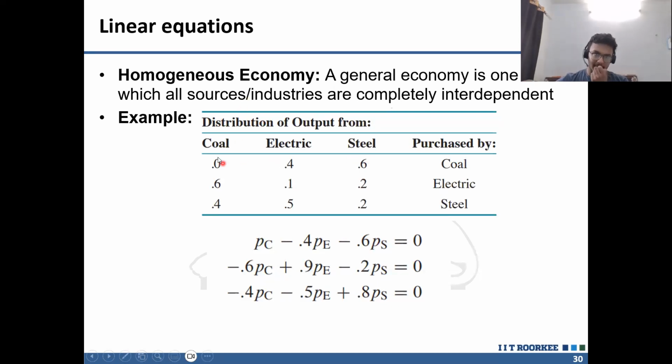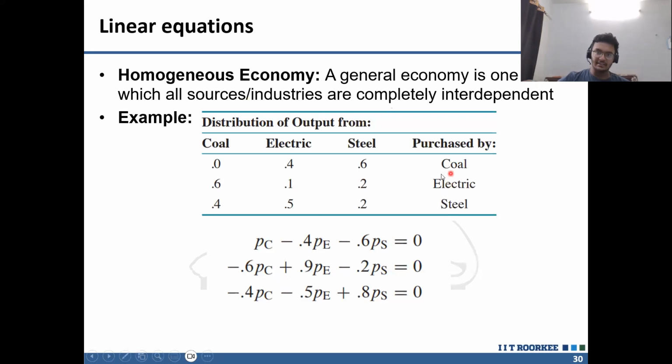So here, for example, for the coal economy, the distribution of output, there is zero output of the coal economy in purchase by coal. So this is PC, and then minus 0.4 of it is there because it is being purchased and this is being produced. And for steel, minus 0.6 of this.